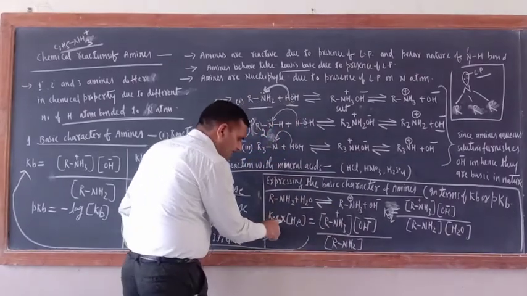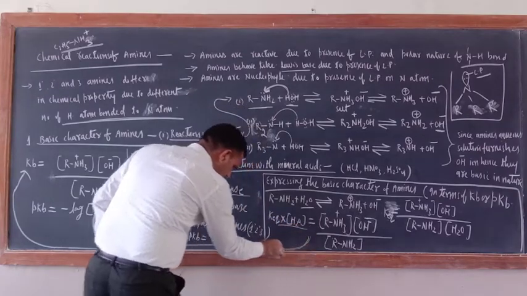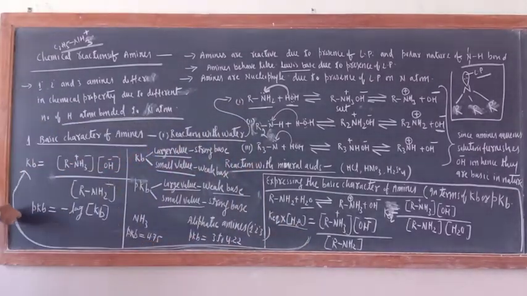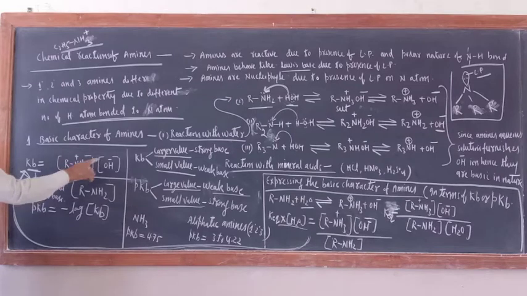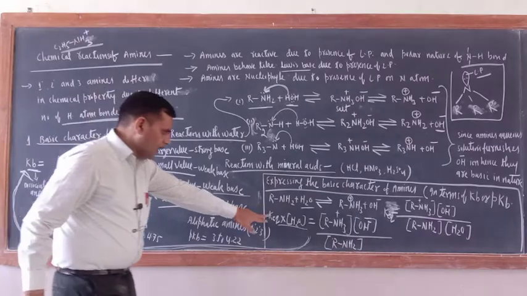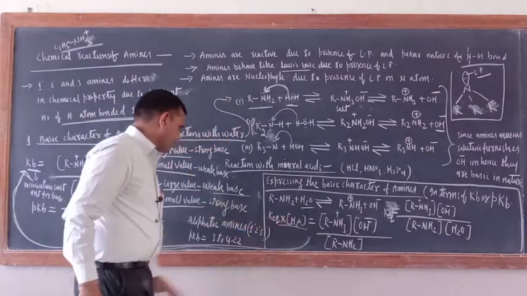This new constant is Kb. What is Kb? The dissociation constant for the base. So Kb equals [RNH3+][OH-] divided by [RNH2], where K times [H2O] equals Kb.